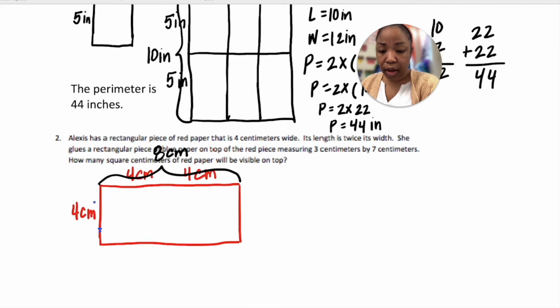So I'll just put 3 on top there. And then it goes, not the full 8. We'll stop it here. And on top here, I'll write that this is 7 centimeters. So this is the blue.